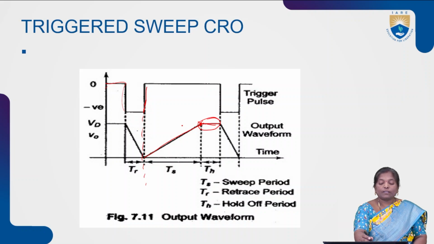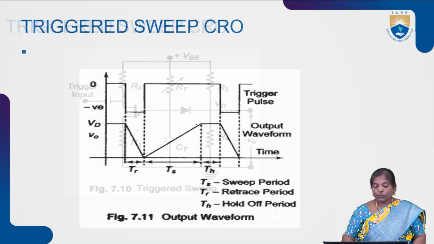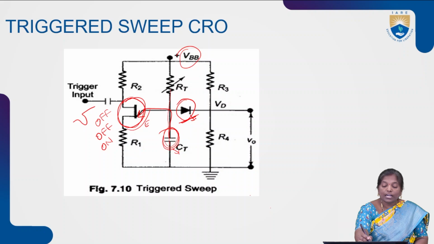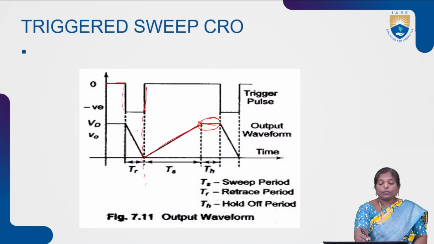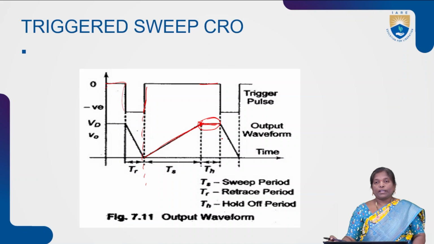Irrespective of the UJT condition, the capacitor charges continuously and reaches a value equal to the cut-in voltage of the diode. At that point, even though the input voltage is maintained constant, the capacitor stops charging, and from here, as long as the input voltage is low, the capacitor maintains a constant output.